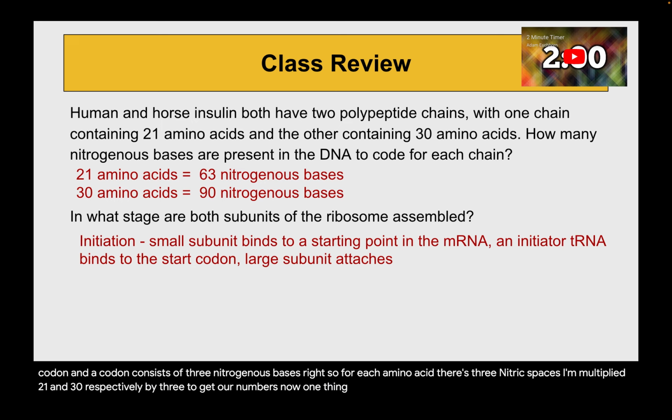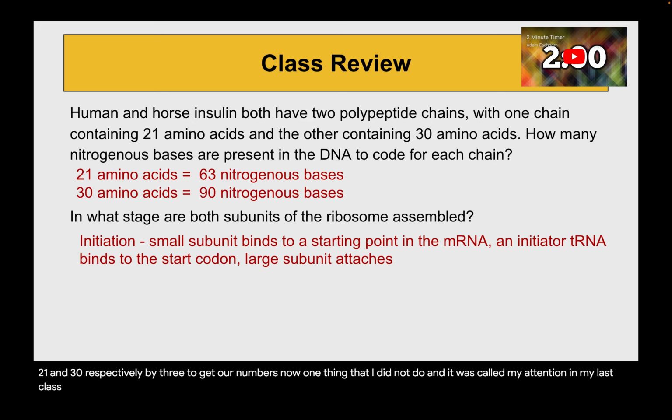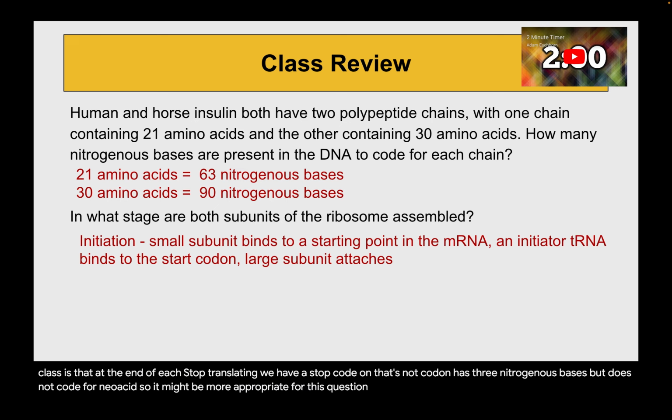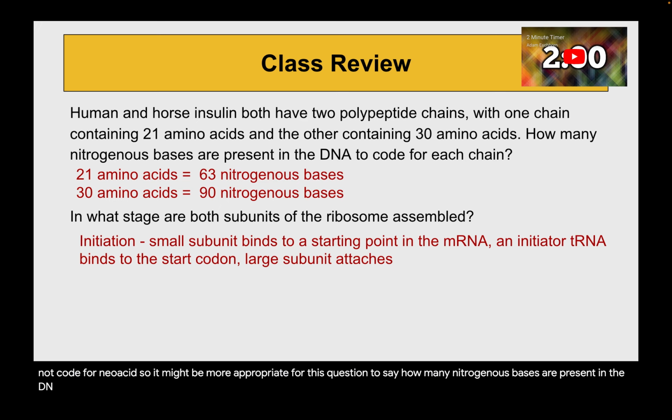Now, one thing that I did not do, and it was called to my attention in my last class, is that at the end of each mRNA, right, to tell us to stop translating, we have a stop codon. That stop codon has 3 nitrogenous bases, but does not code for an amino acid. So it might be more appropriate for this question to say how many nitrogenous bases are present in the DNA to code for chains containing 21 and 30 amino acids.